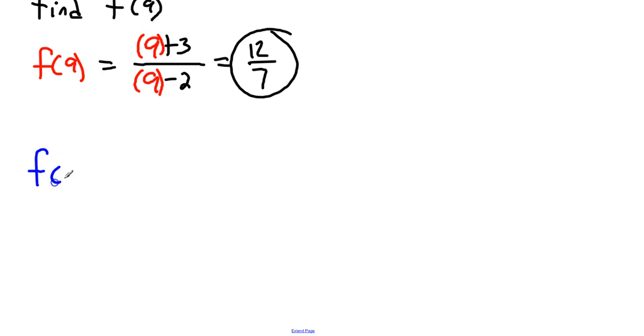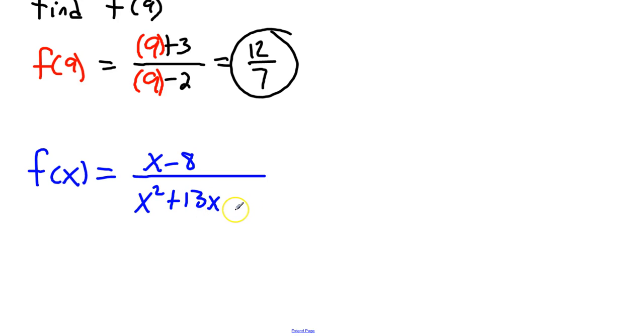They're still going to have you find the different values here. I'm just looking at my example here, kind of misread it. Let's go with x minus 8 over x squared plus 13x plus 36. They're going to ask you to find f of negative 7.